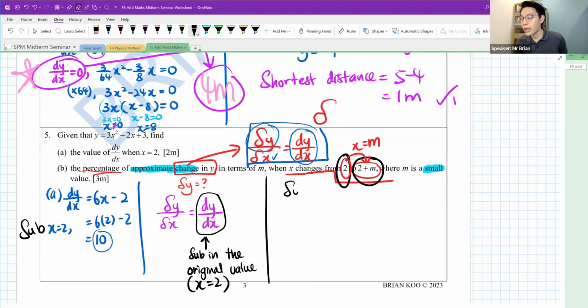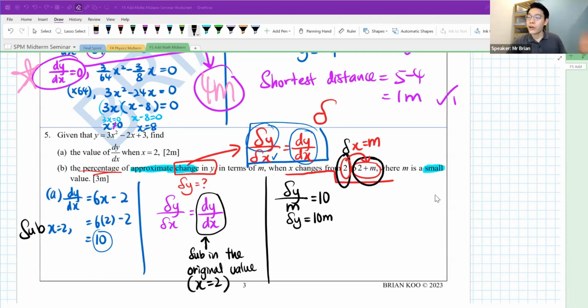So my delta y is what I want to look for. Delta x is, just now we say already, the x changed by m from 2 to 2 plus m. How much did you change? You go and plus the m. Okay, sometimes can be minus also. Okay, delta y over delta x equals to dy dx. I'll use 10. So my delta y is equals to 10m. Okay, so we got our change in y already.